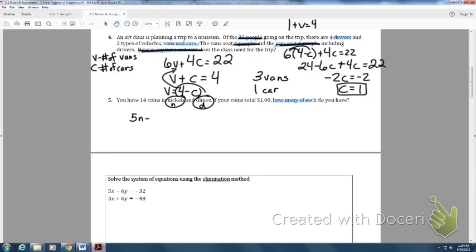So if it's 5n plus 10d equals 1.00, where else do I need decimals? In front of the other numbers. Okay, so is it 0.10 and 0.5? 0.05. And we're going to talk about that problem here in a minute. You're just putting the value of each coin in front of it. That's all it is. It's how much they're worth.